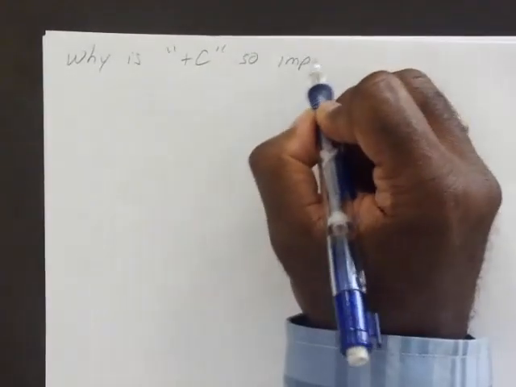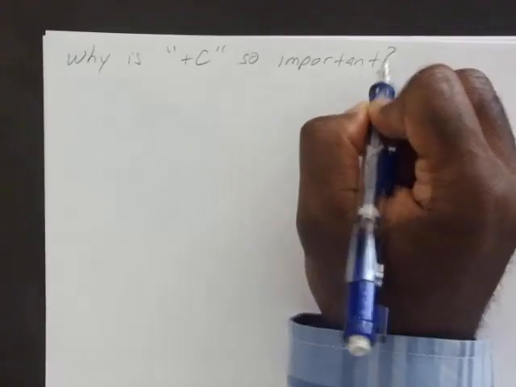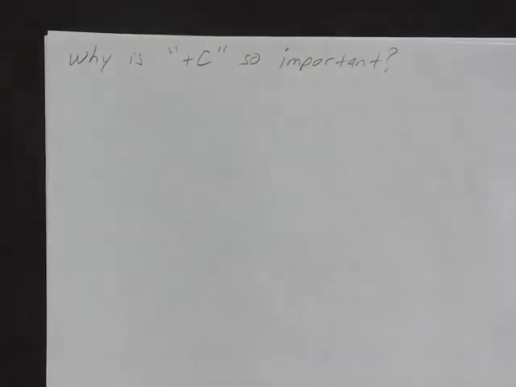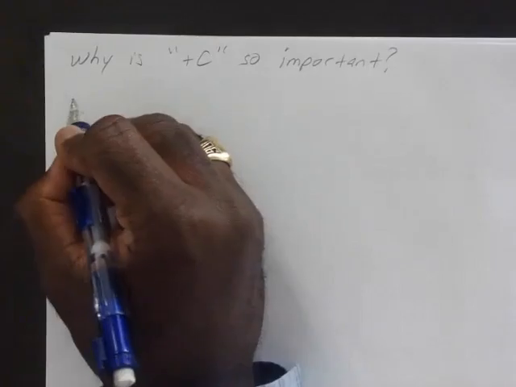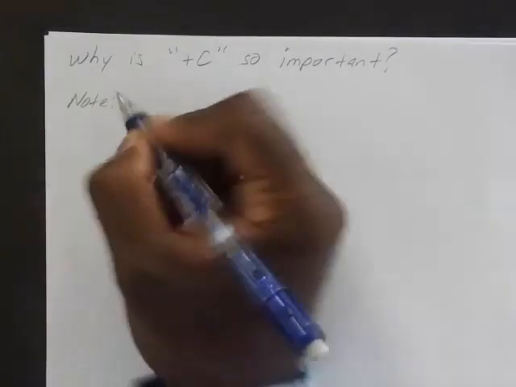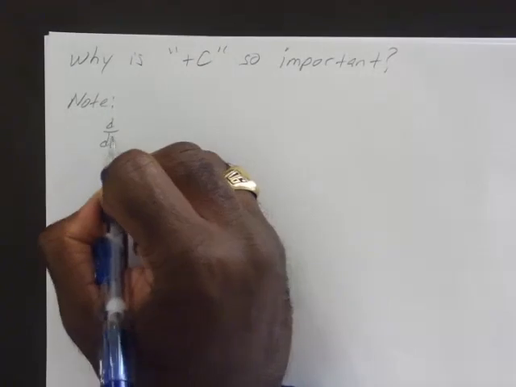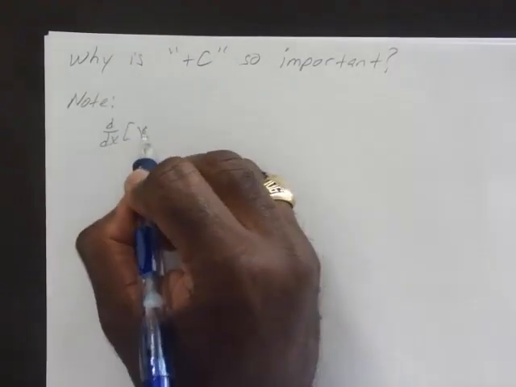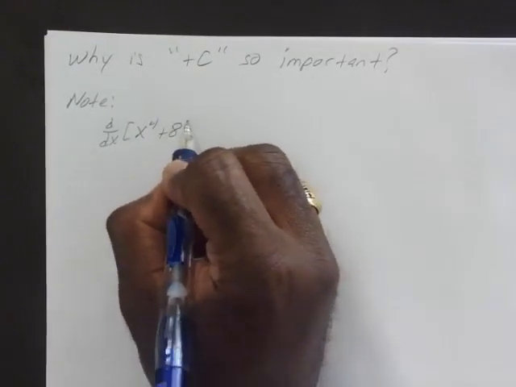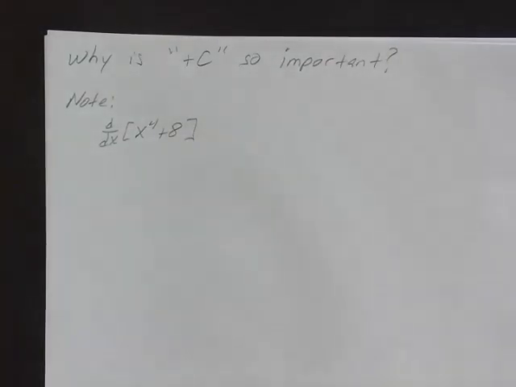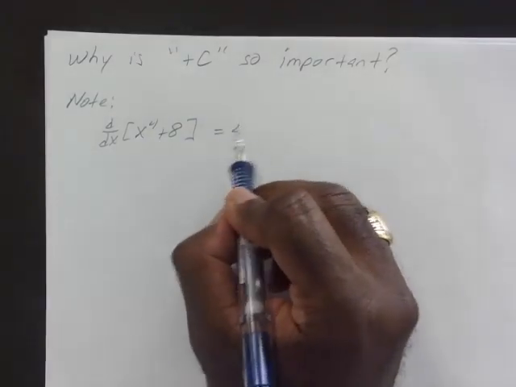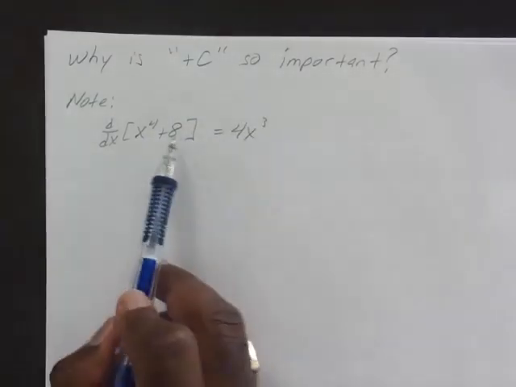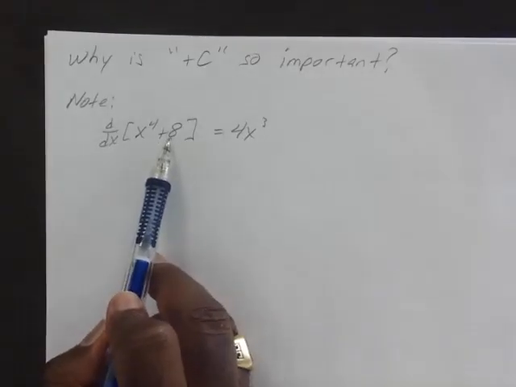So why is the plus C so important? Okay, so if you notice, let's say we have the derivative with respect to x of x to the fourth power plus 8. Well, that's equal to 4x to the third power plus the derivative of 8, which is 0.